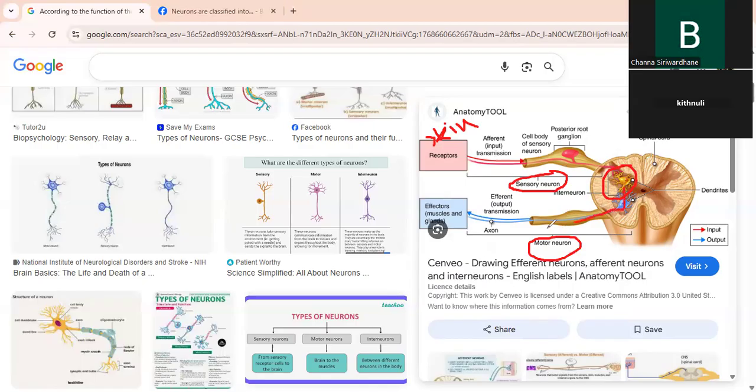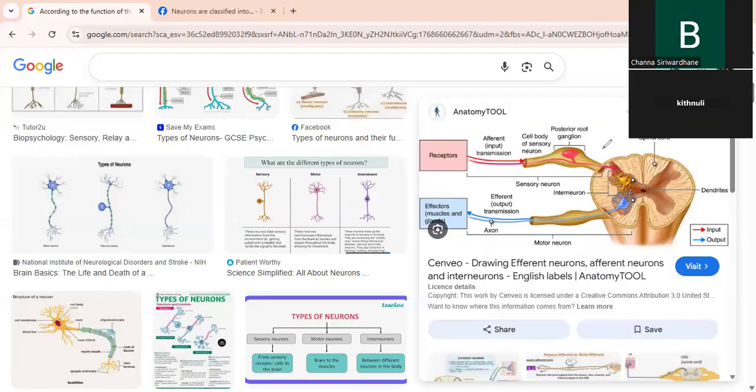Then from the motor neuron it goes to the effectors. Effectors means the parts by which the things are done.